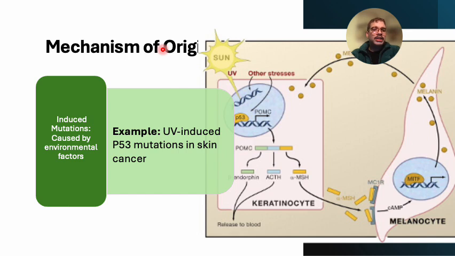These mutations are typically C to T transitions, or CC to TT tandem mutations, at these pyrimidine sites. These signature mutations are directly linked to UV exposure.